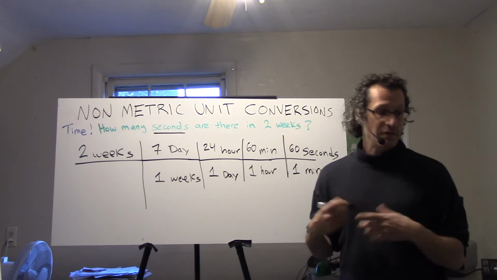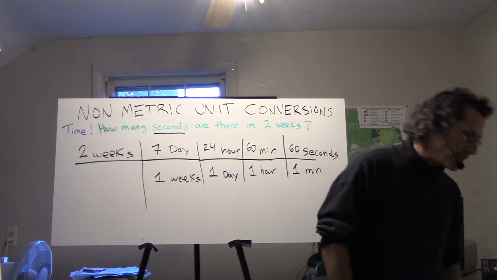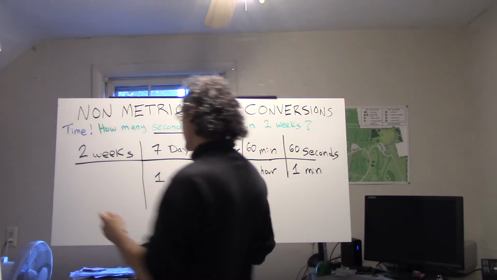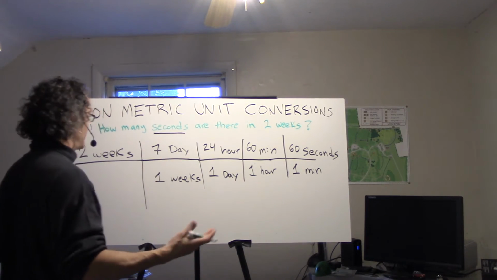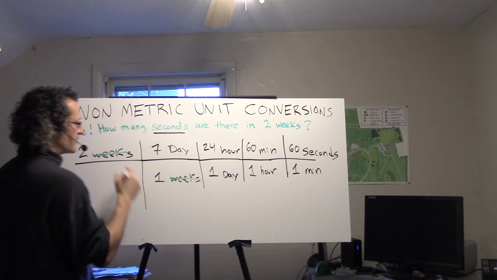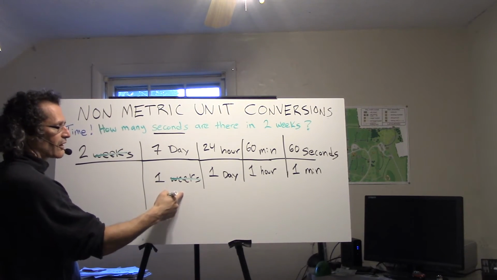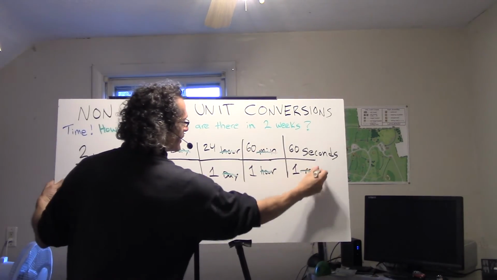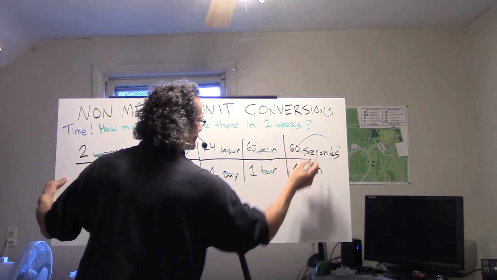I'm going to take the time to neaten things up by performing some cancellations. It just looks nice and very thorough when we do this. We can see physically that we can cancel out numerator and denominator. Weeks are gone. Days are gone. Hours are gone. Minutes are gone. We're left with seconds.